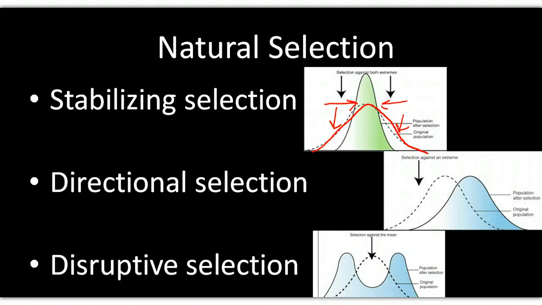The last type of selection would be disruptive, in which some type of an external force or something going on in the environment will have an effect on the central part of the group. So something that the population really works to the center of the group, whether it's their habitat, something divides the group, a food source is no longer available, there's a temperature change, water level changes, there could be a variety of things that changes the system, and something that is, again, more populated or more needed for the group is no longer available.